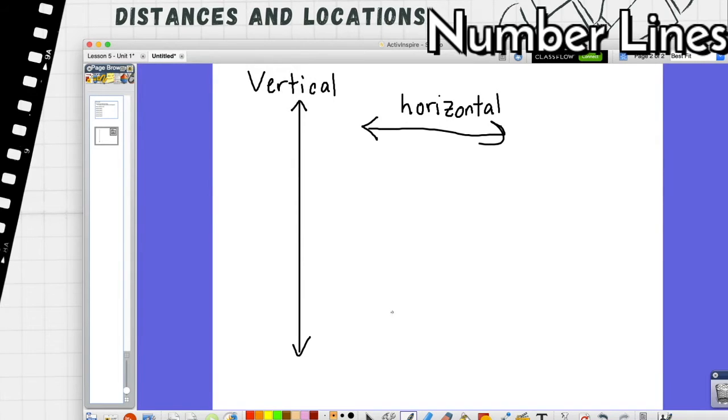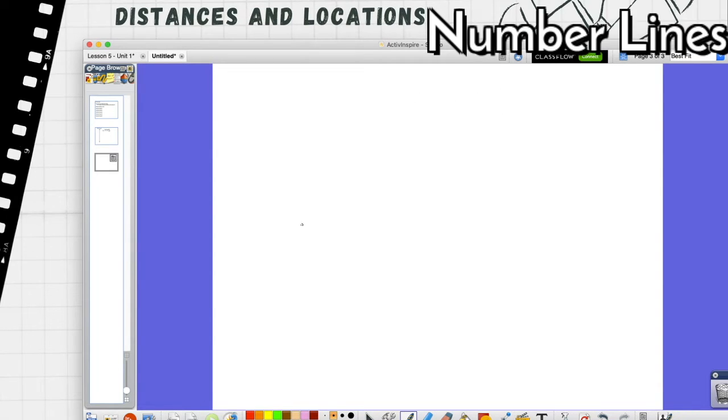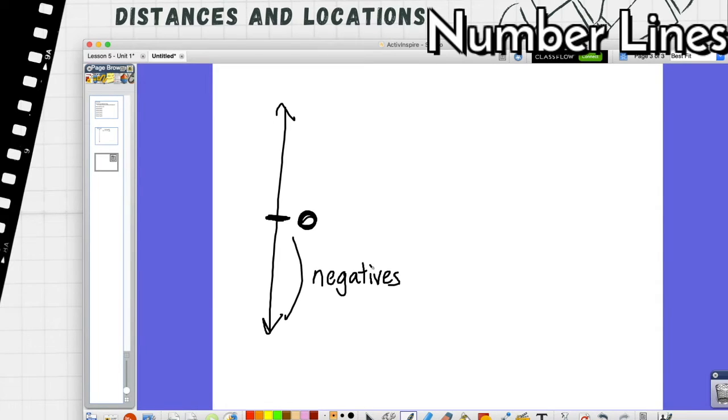Now, the other thing to think about is how we actually label number lines. On a vertical number line, a lot of people do start with 0 in the middle, but the cool thing is you don't have to. Negatives are underneath 0, and positive numbers are above 0.